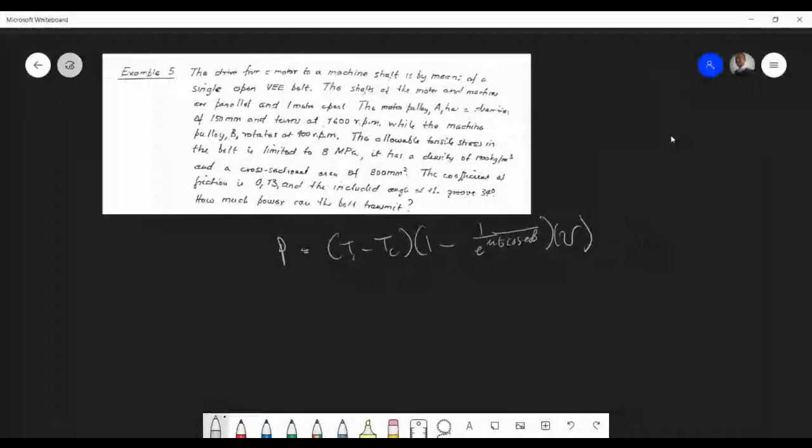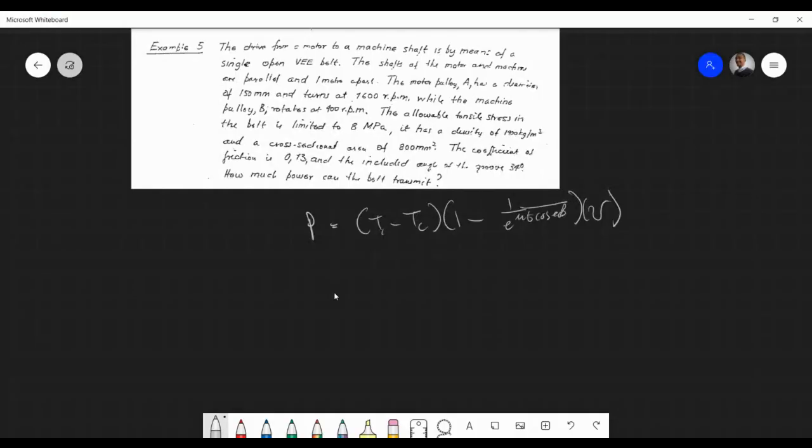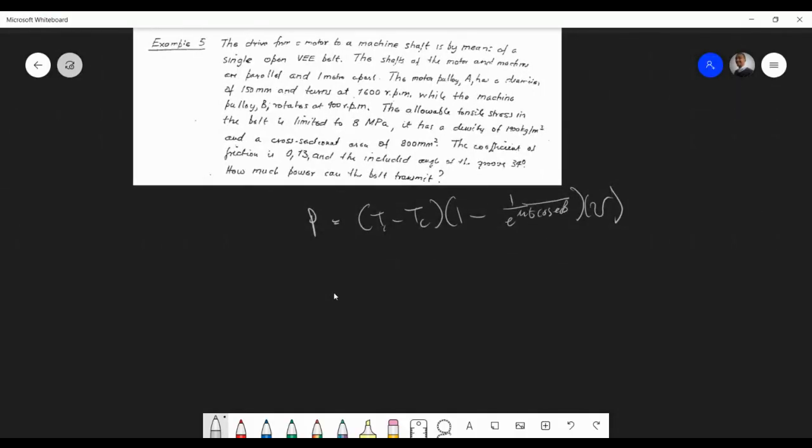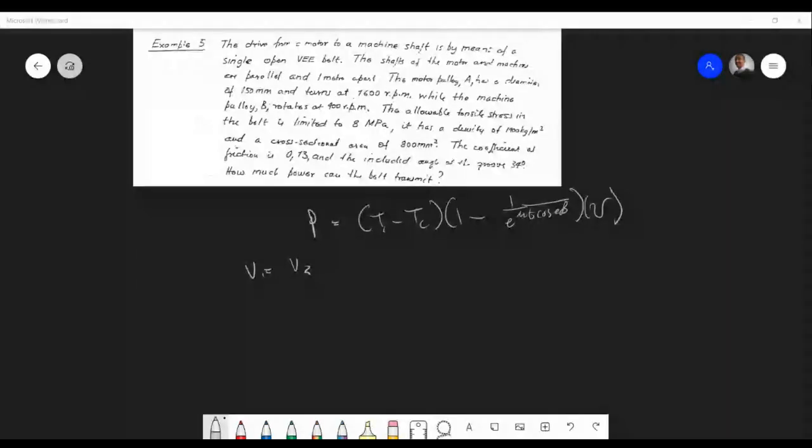So let me make the whiteboard bigger here. First things first: because there's no slip, our velocities are equal, and we end up with our ratio of N. The reason I'm doing this is so that we can find our contact angle. Let me go to the notes quickly.